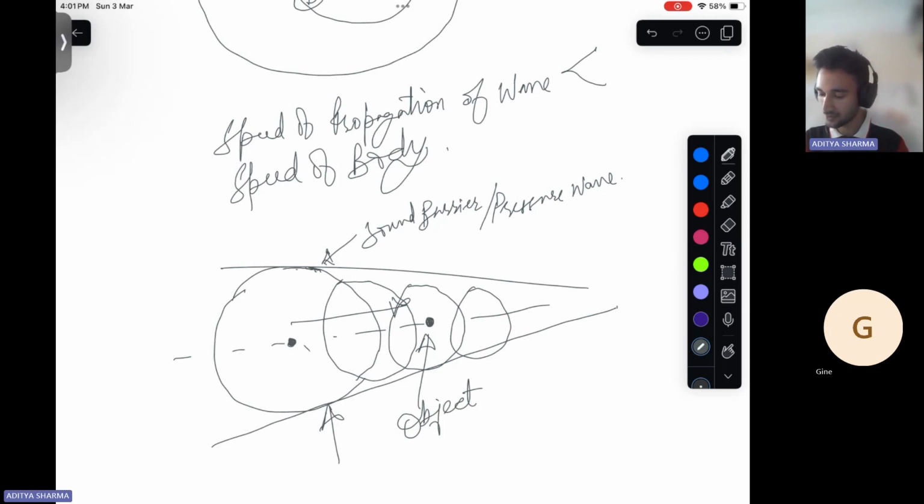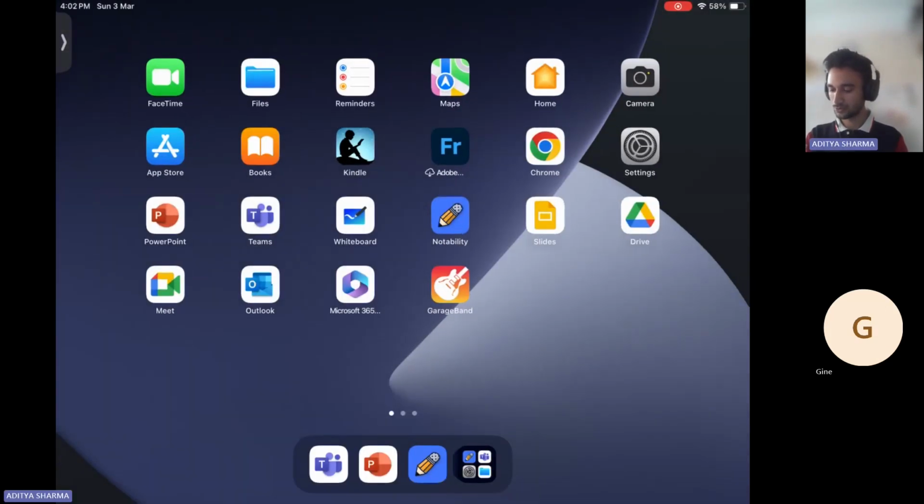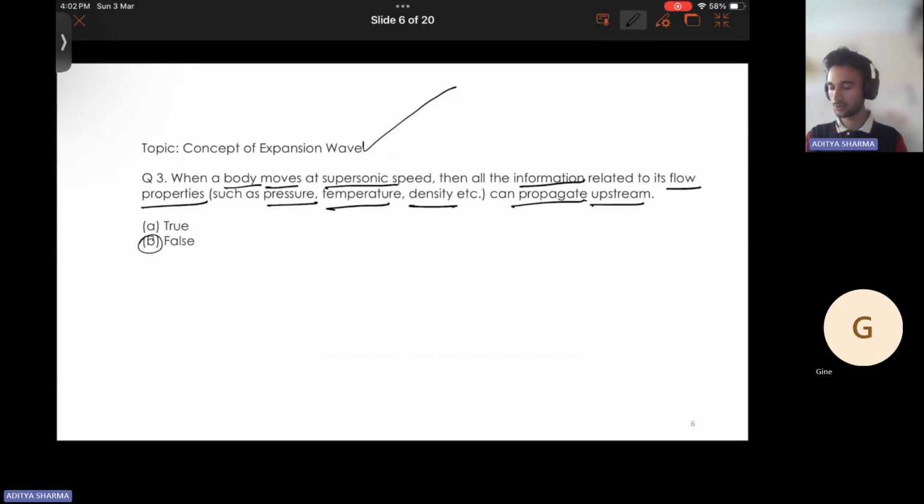If this barrier had been ahead of this particular object, then the communication of this disturbance would have been ahead of this object, but that is not the case with supersonic flows.